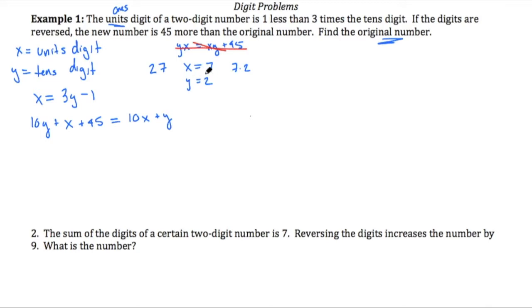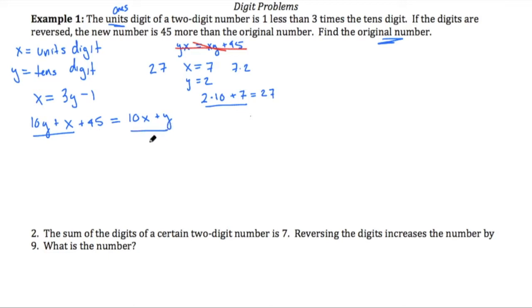But if I wanted to take 7 and 2 and create the number 27, what I have to do is take the y value, 2, multiply it by 10, and then add 7. Then that would give me 27. So the tens place digit has to get multiplied by 10. So that helps us create the original number, 45 more, and that's going to equal the new number with the digits reversed.